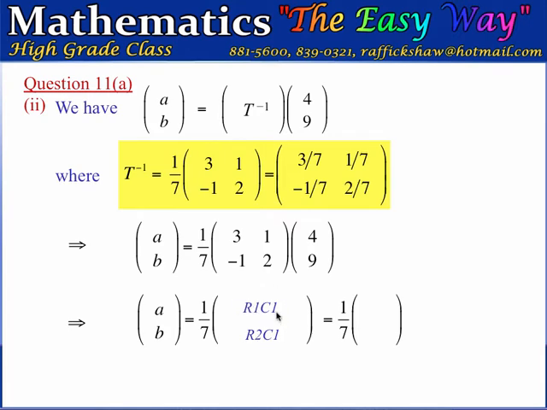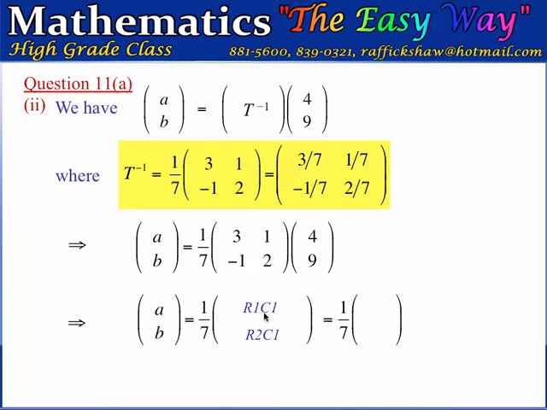And this element will be the first element in this 2 by 1 matrix, and this will be our second element. And as I said, the code here is used to show the row and the column that must be multiplied to arrive at this column matrix. And when we multiply matrices, we multiply the rows of the first matrix by the column of the second matrix.